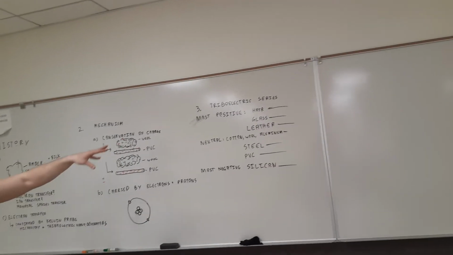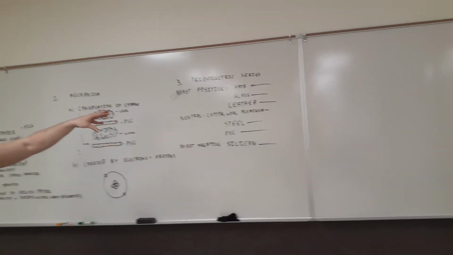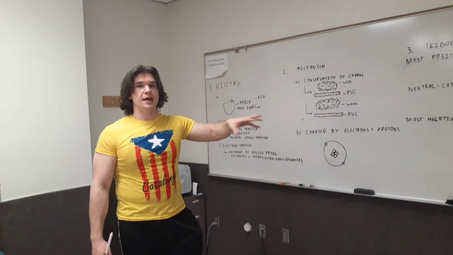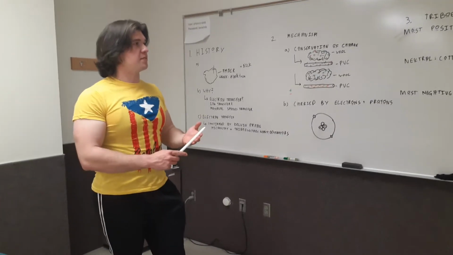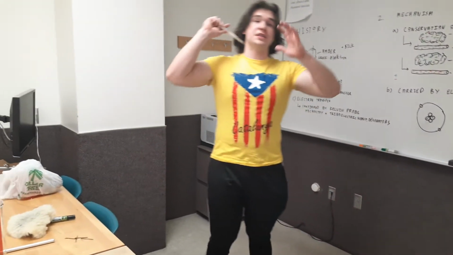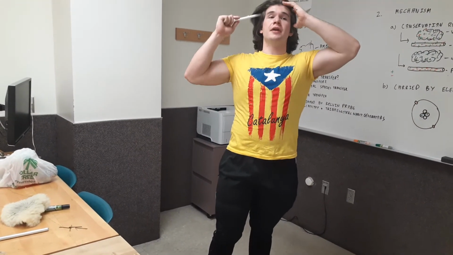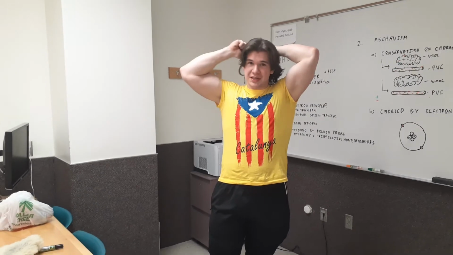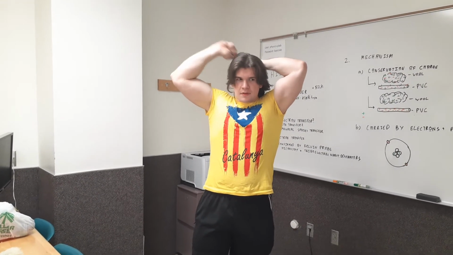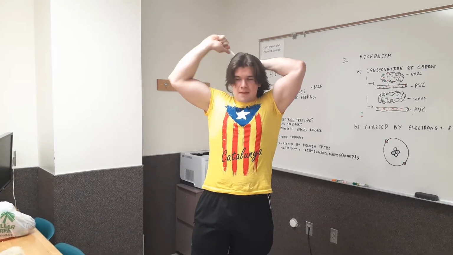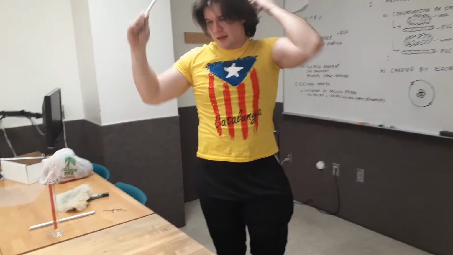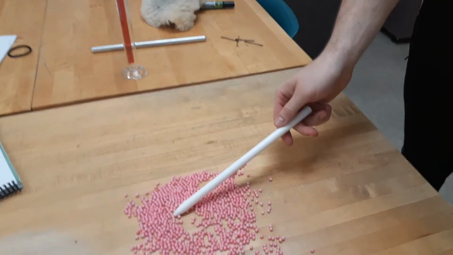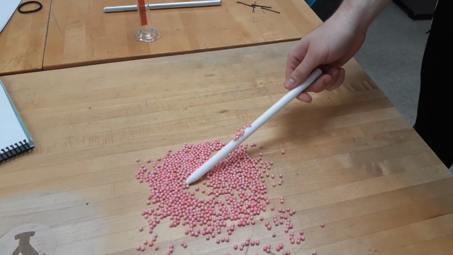Additionally, hair is even more positive in the triboelectric series. So we'd expect to see an even stronger effect when we rub the PVC with the hair. I did this a couple of days ago when my hair was a little bit greasier. It worked a lot better. Dry hair is not quite as effective, but you should still be able to see some effect. There we go. Look how far they hopped up that shaft.